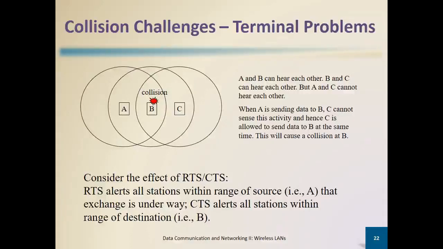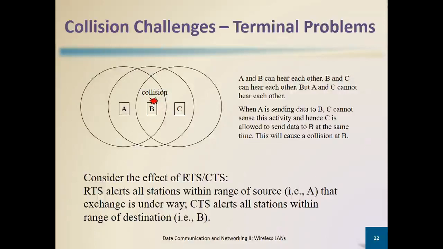So when A is sending data to B, C cannot sense that activity going on. Kind of like the way it is for Ethernet, especially when you're using it by itself without any carrier sense multiple access with collision detection added to it.